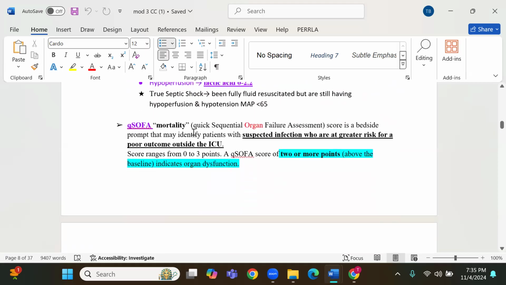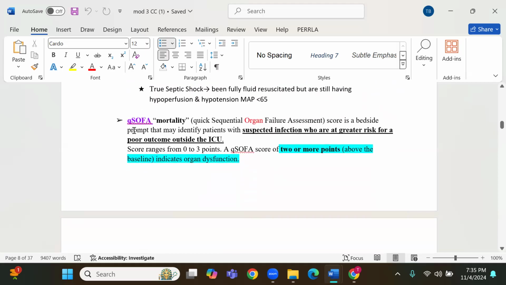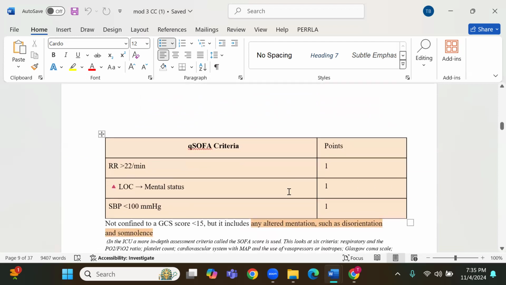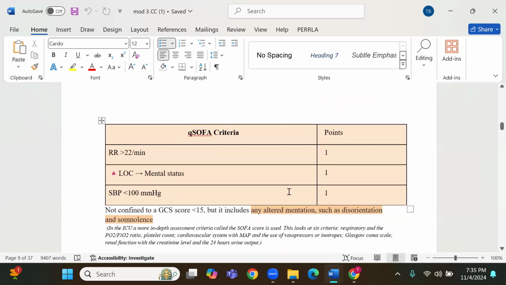This you don't need to know, but I'm just going to tell this to you anyways. This is called qSOFA, and it's just the abbreviation for it. But what we're going to do is give a score. The score ranges from 0 to 3, and it says 2 or more points above the baseline indicates organ dysfunction. So this is what they usually look at right here.